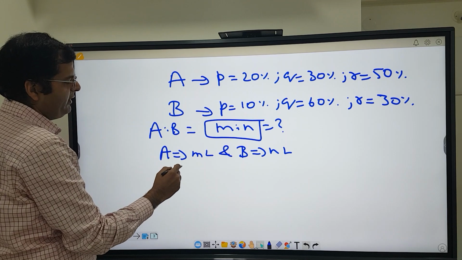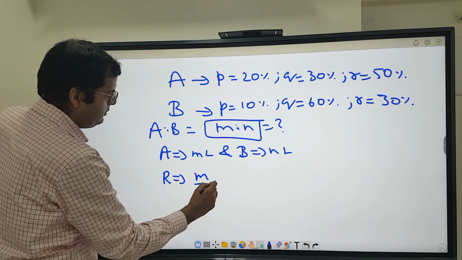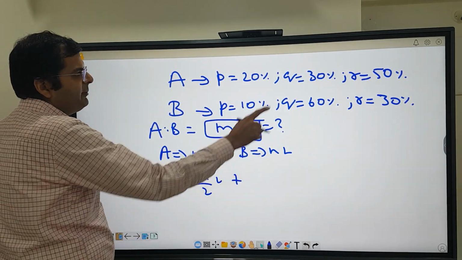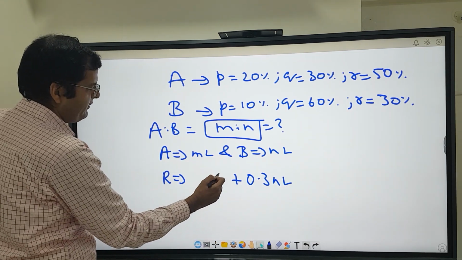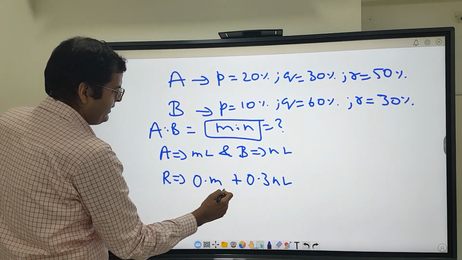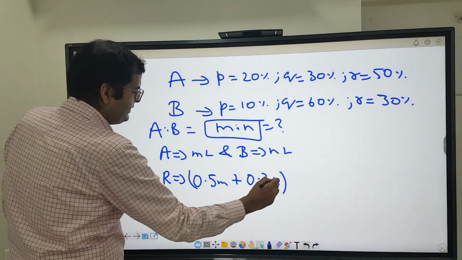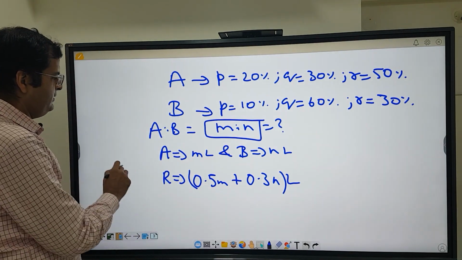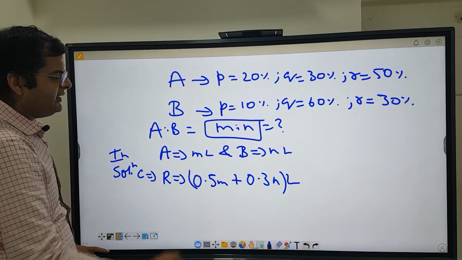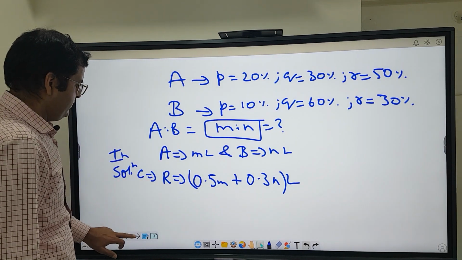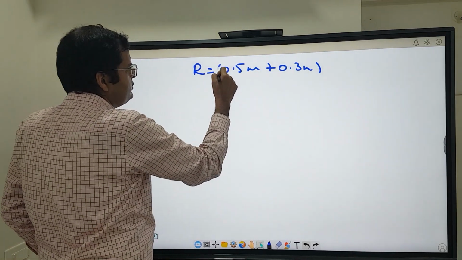R is 50% of A. So R coming from A will be 0.5 M, plus coming from B it will be 0.3 N. So in solution C, R is 0.5 M plus 0.3 N.